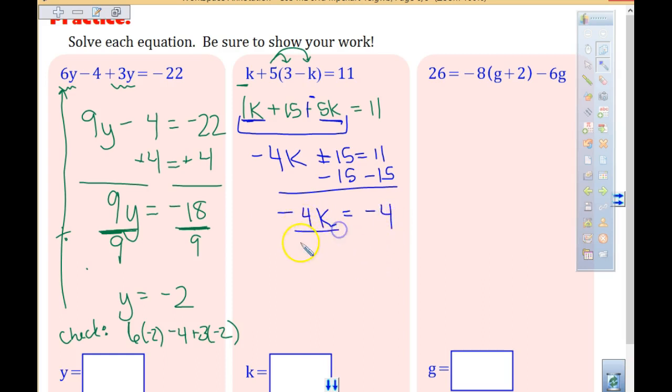We're going to divide on both sides by negative 4, no variable with it, just the negative 4, and K in this case is 1. And again, I could do the check on my calculator, plugging in 1 plus 5, using that parenthesis button on your calculator, 3 minus 1. If you put that whole thing in, you should be getting 11.